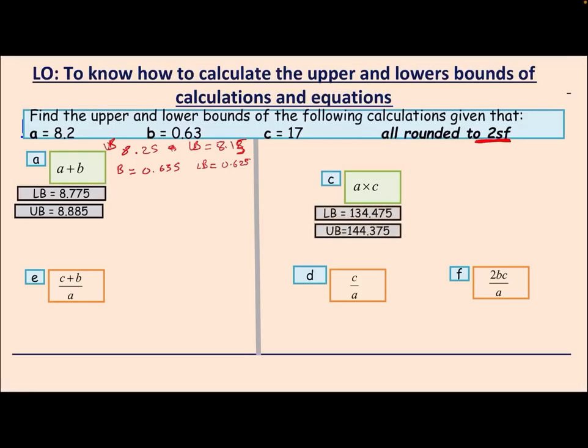Okay, so I'm now going to do the I do for E: C plus B over A. We are going to want our numerator to be as big as possible.